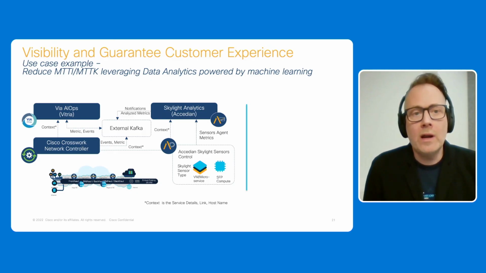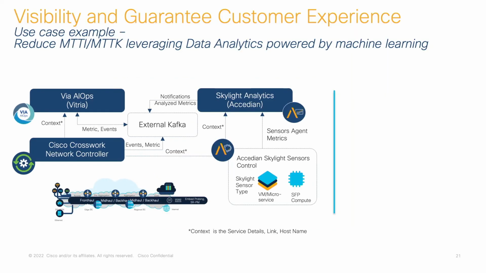An example of what this could look like, which we've done with a customer at the moment, is where Cisco CNC is, again, the brain and the context keeper of the solution. This is where information is kept about the service details, what links are out there, and names and so on.